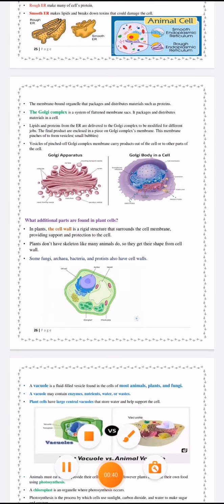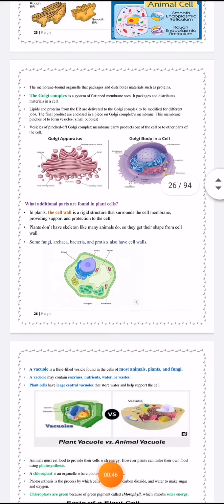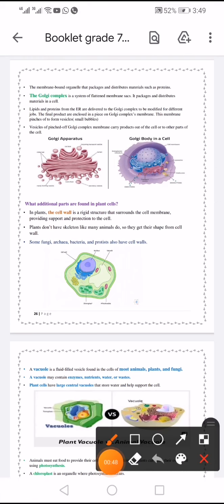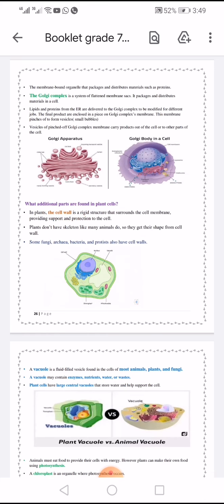So what additional part is found only in plant cell? In plant cell, the cell wall. So plant cells have a cell wall. It is a rigid structure that surrounds the cell membrane, providing support and protection to the cell.